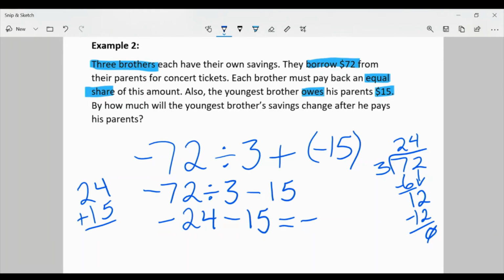So now I have 4 plus 5, which is 9. And then 2 plus 1 would give me the 3. So that means it is negative $39. So that's what the change was in the youngest brother's savings account.